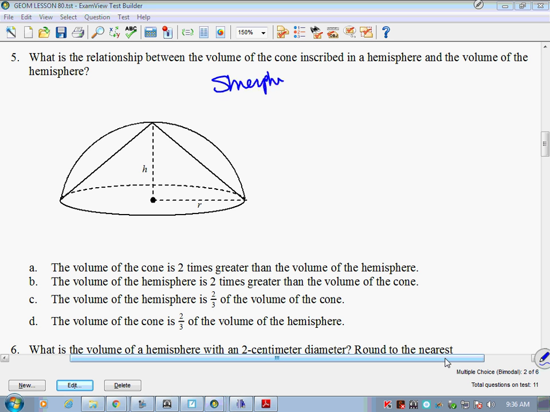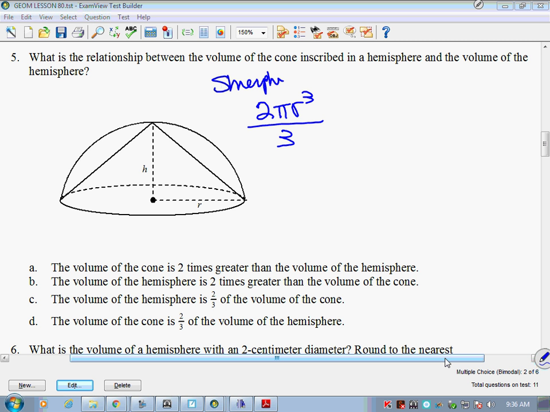Okay, what we have is we've got our formula here. We remember that the volume of a hemisphere was what? What was the volume of a hemisphere that I gave you? Does anybody remember what the volume of a cone is? 1/3 base times height.